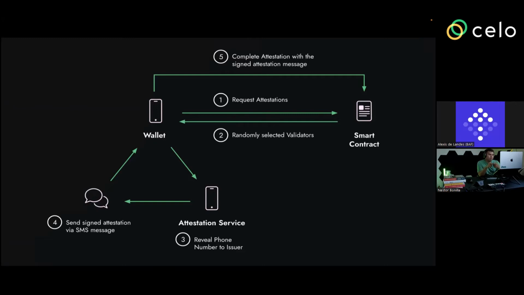And here in the middle, a more technical point to mention is that we are adding some salt into that phone number when this is added to the decentralized database mapping phone numbers and public keys.